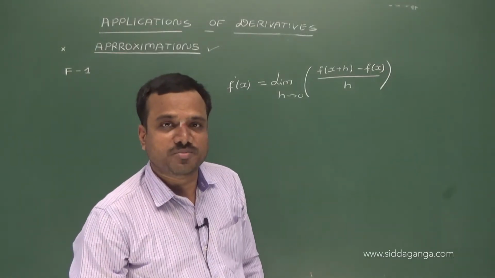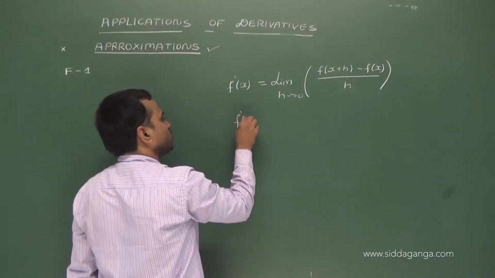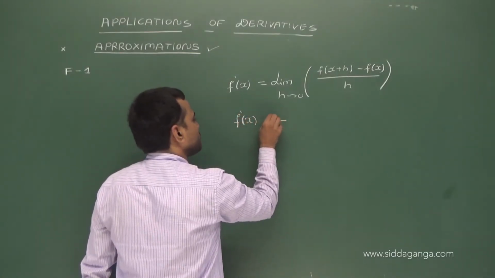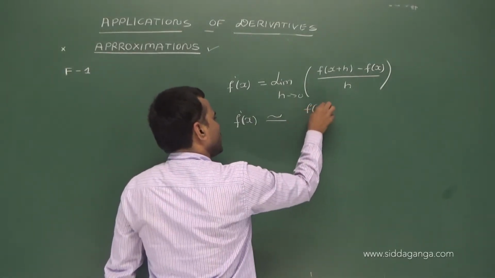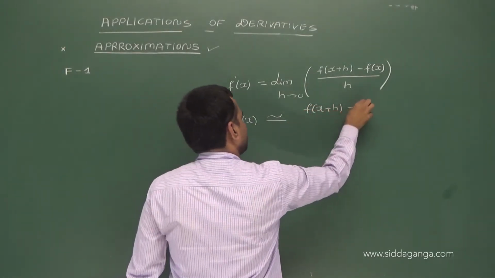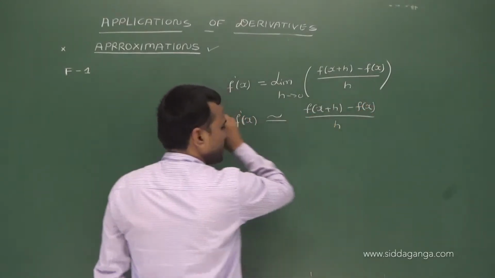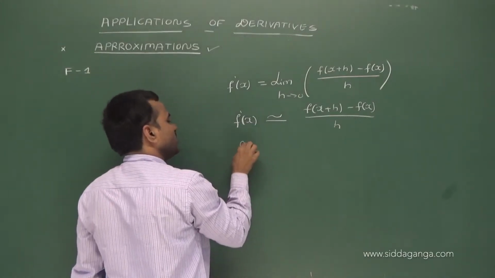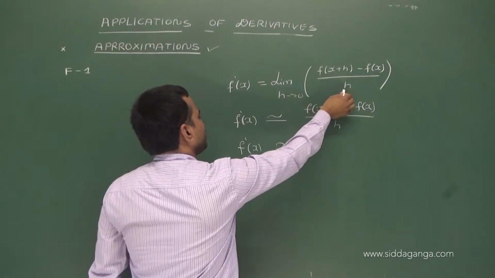I remove the limit: f dash of x is approximately equal to f of x plus h minus f of x divided by h. I replace h by delta x, a small increment in x.